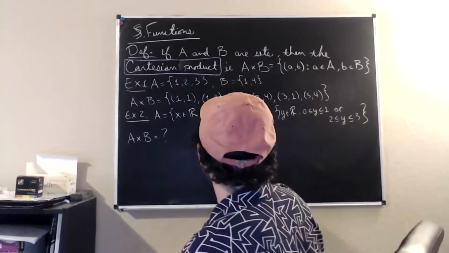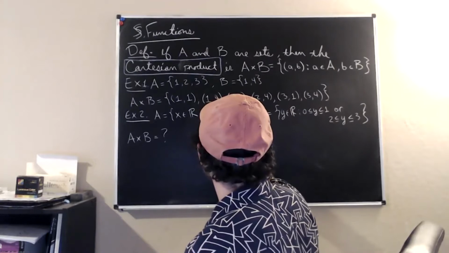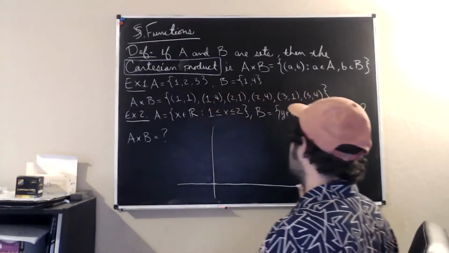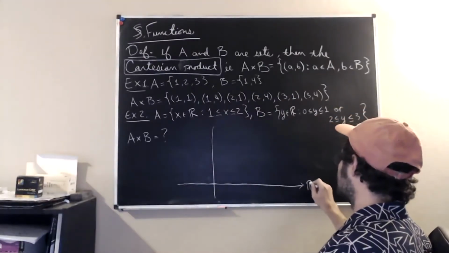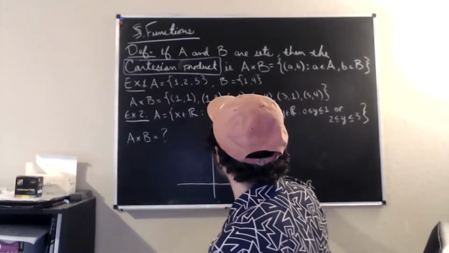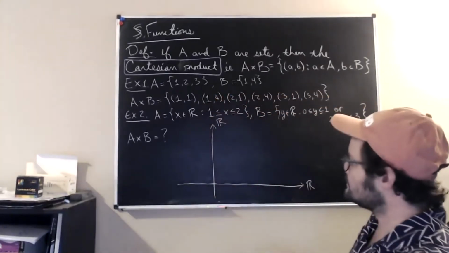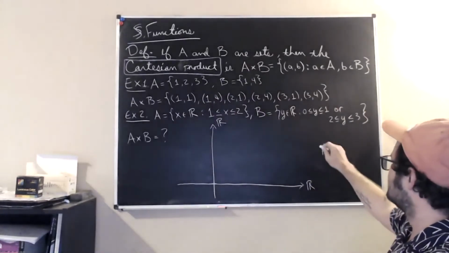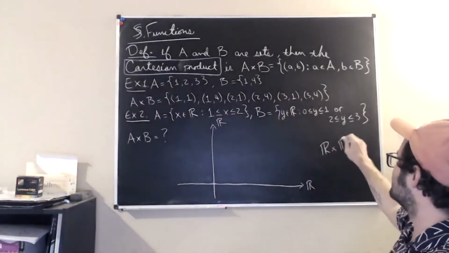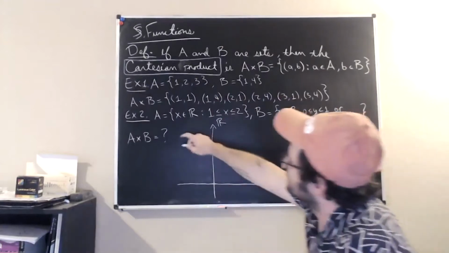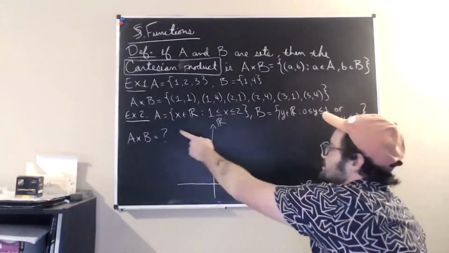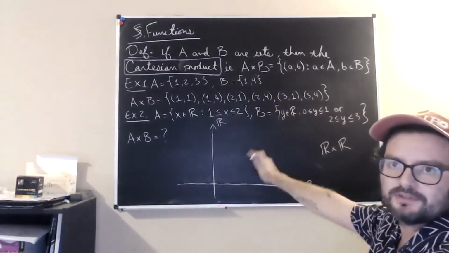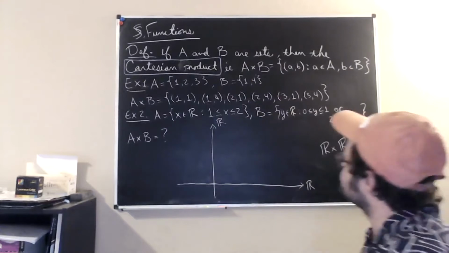And so recall that the Cartesian plane is just R cross R. So each point in this plane is an element of R times R. Right? So A times B, since A is a subset of R and B is a subset of R, A times B is going to be some subset of points in this plane.